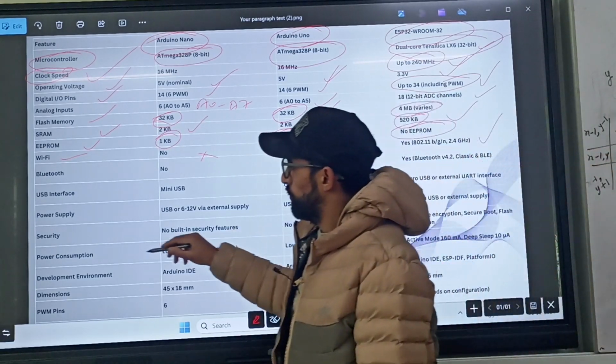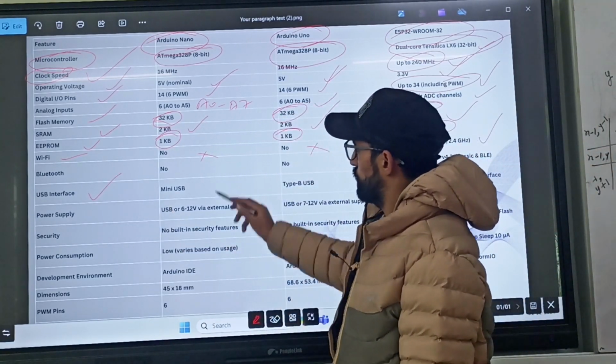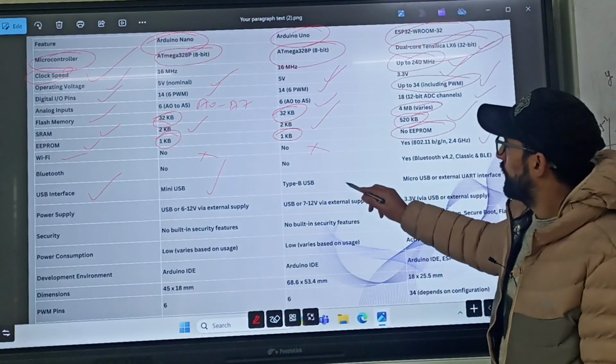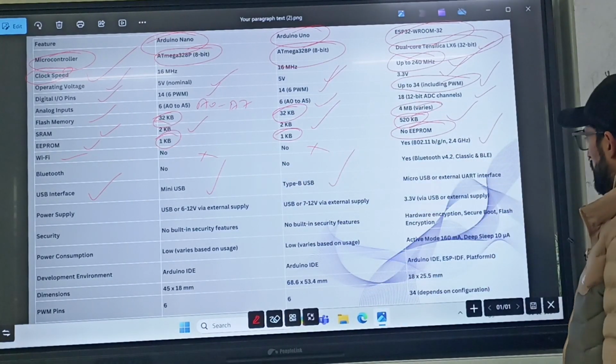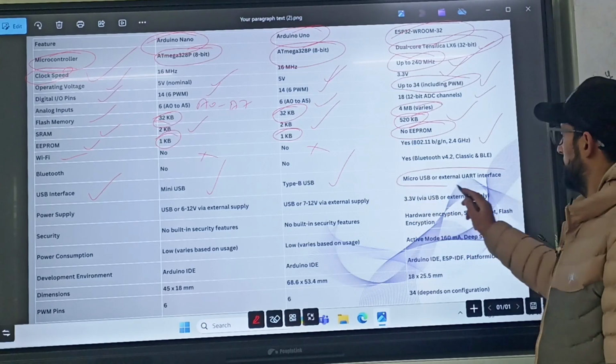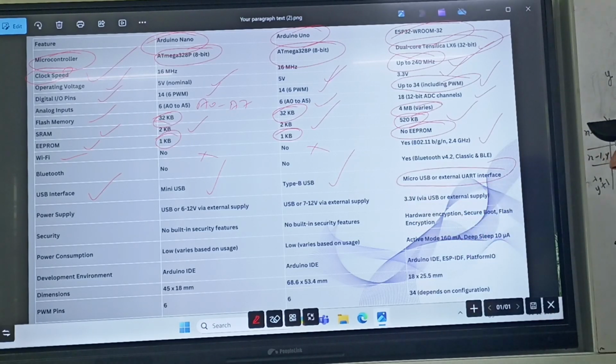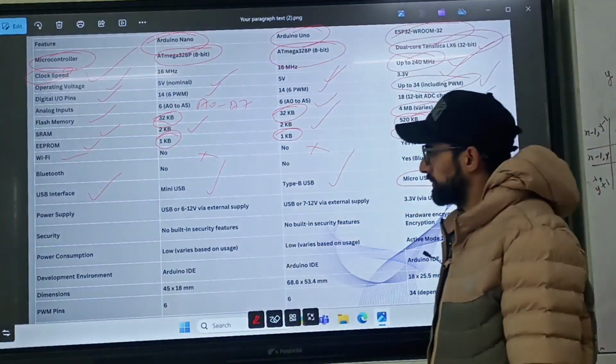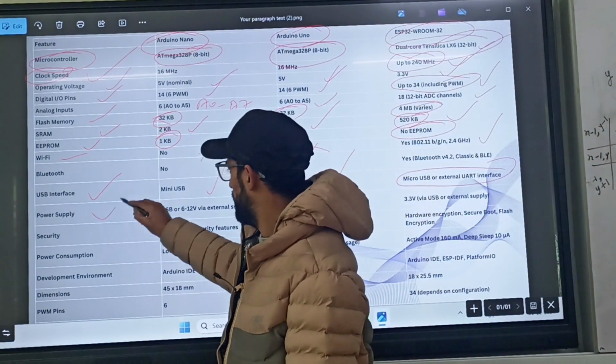Now talking about the USB interface. In Nano we use mini USB, in Arduino Uno we use type B USB, and in ESP32 micro USB or an external UART interface can be connected. Now talking about the power supply.